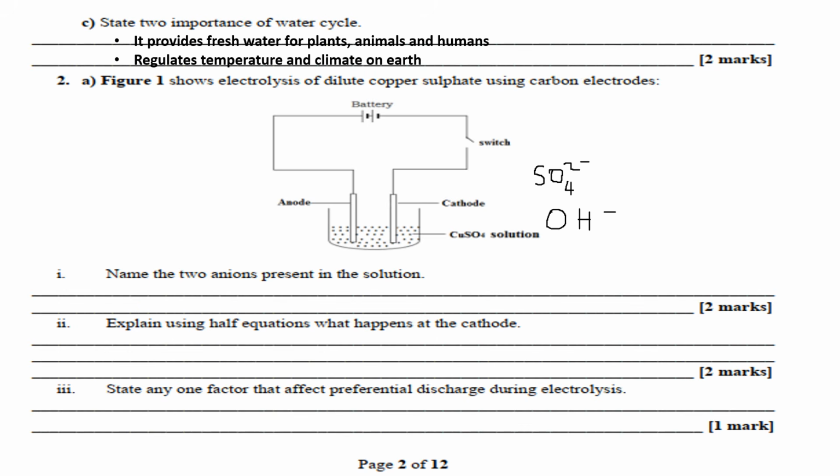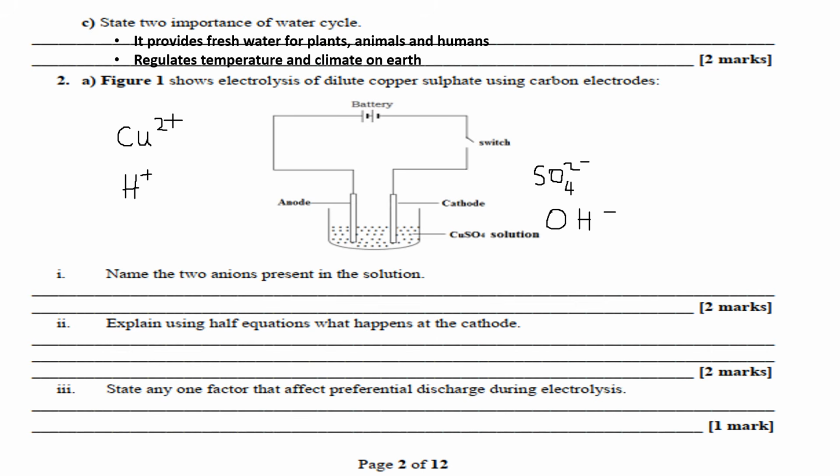Okay, maybe before we proceed, it is important to mention that there are also going to be cations. The cations are the positive ions. In this case, we are going to have Cu2 plus from the copper sulfate and the hydrogen. Remember, hydrogen is H, hydrogen ion is plus.